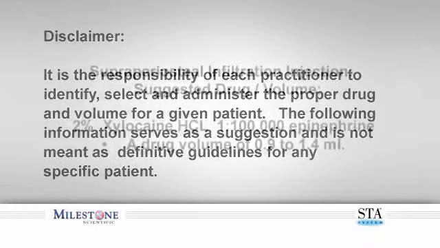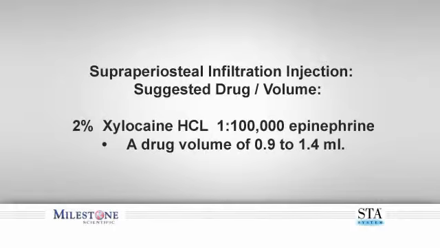The following information serves as a suggestion and not meant as definitive guidelines for any specific patient. The suggested drug and volume to perform the supraperiosteal buccal infiltration injection is 2% xylocaine HCl, 1 part per 100,000 epinephrine. A drug volume of 0.9 milliliters to 1.4 milliliters, which is equivalent to 3/4 to 1 full cartridge, is the suggested volume when performing this infiltration.